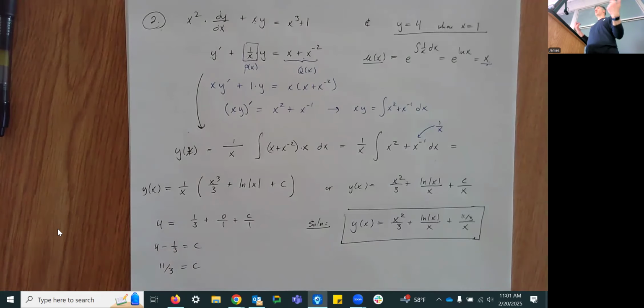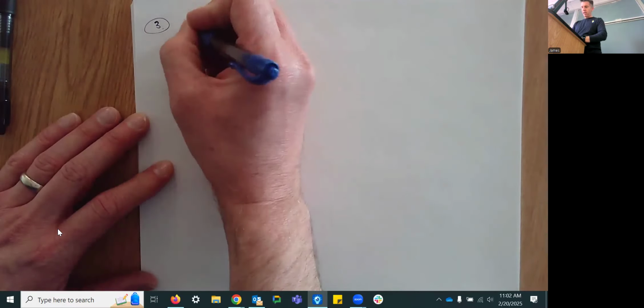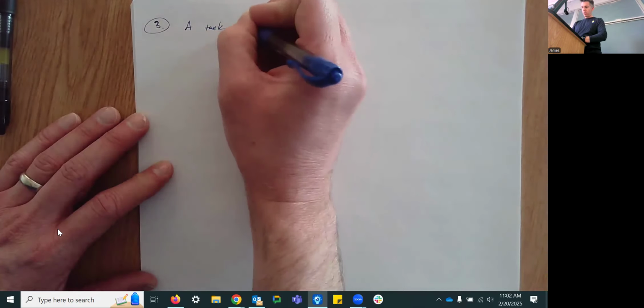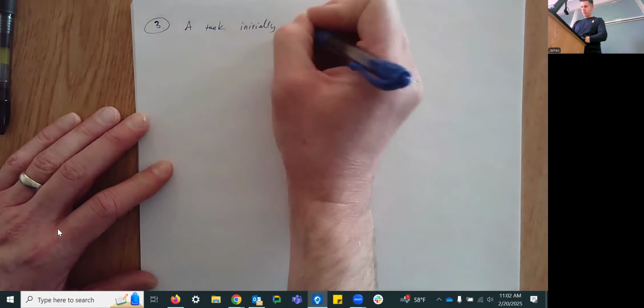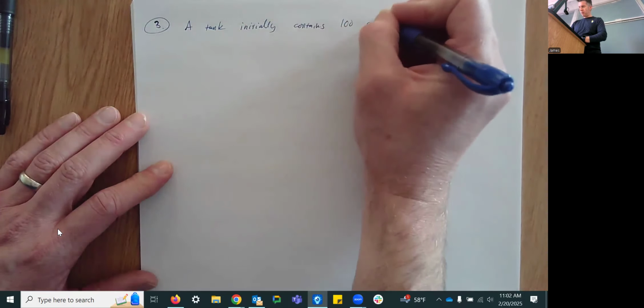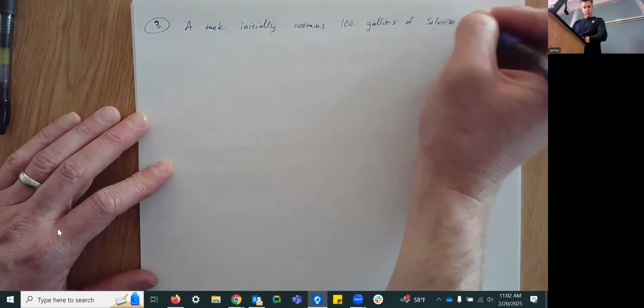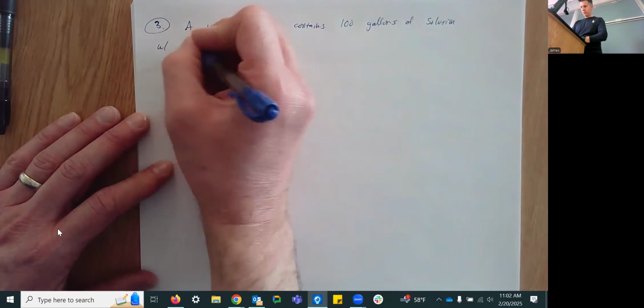Let's start off with the tank problem, because the tank problems are usually pretty straightforward. So here's a tank problem. And actually, I like this question, so we'll do this whole thing. So that's number 3. The tank initially contains 100 gallons of solution with 10 pounds of salt.